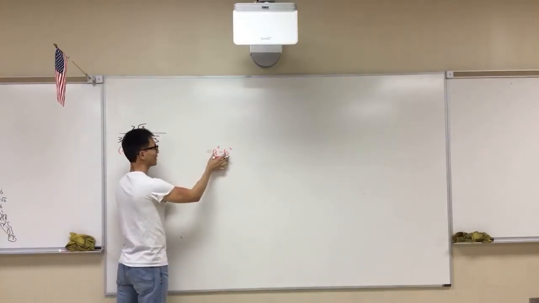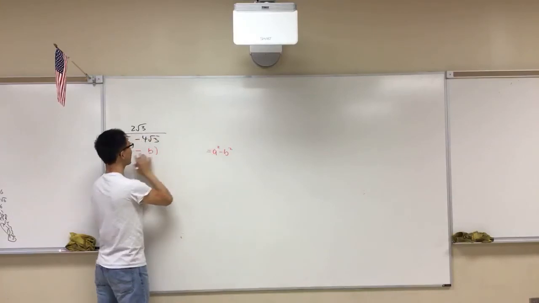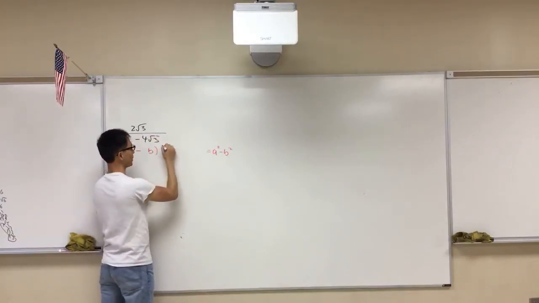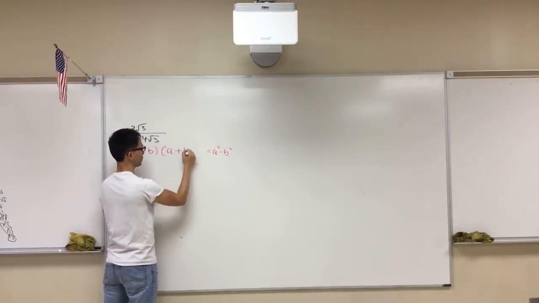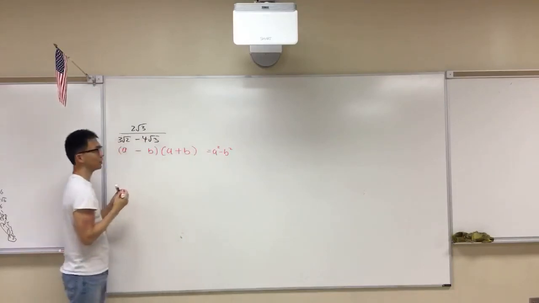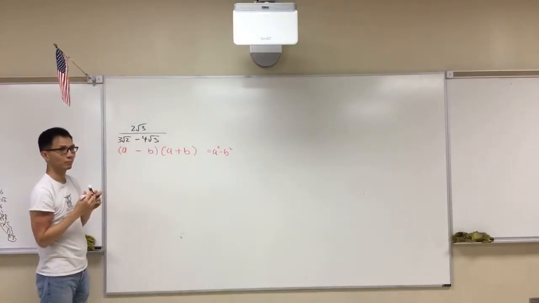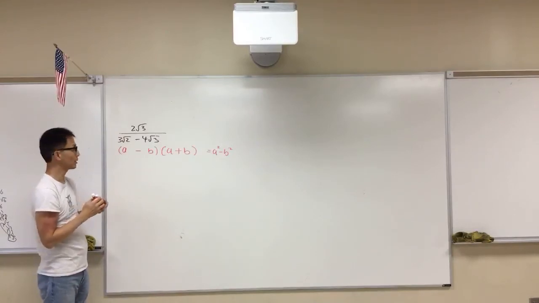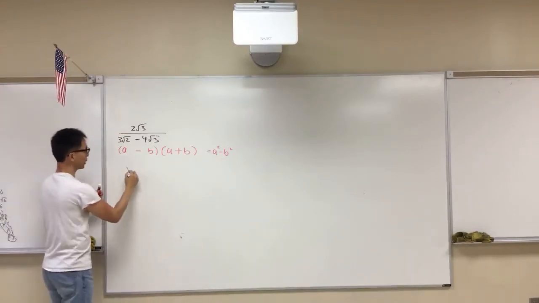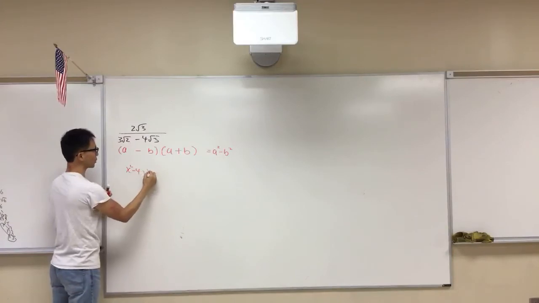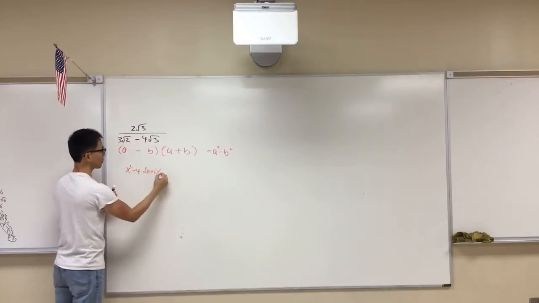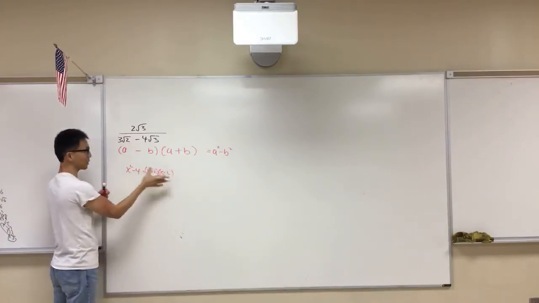No. It's actually A plus B times A minus B. Do you know this? Hopefully. When you see x squared minus 4, that's equal to x plus 2 and x minus 2, right? That's the difference of squares.